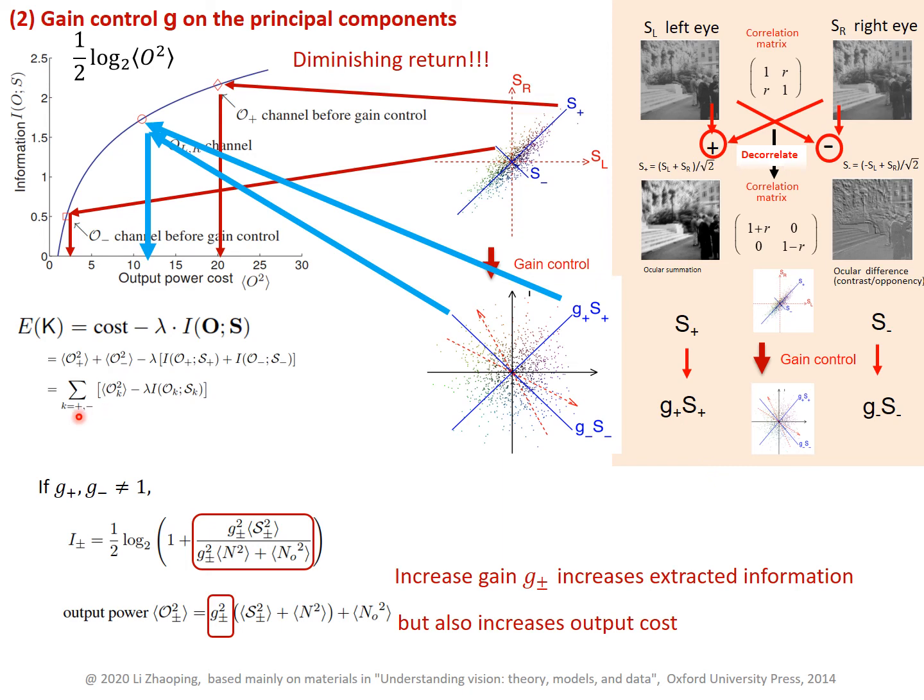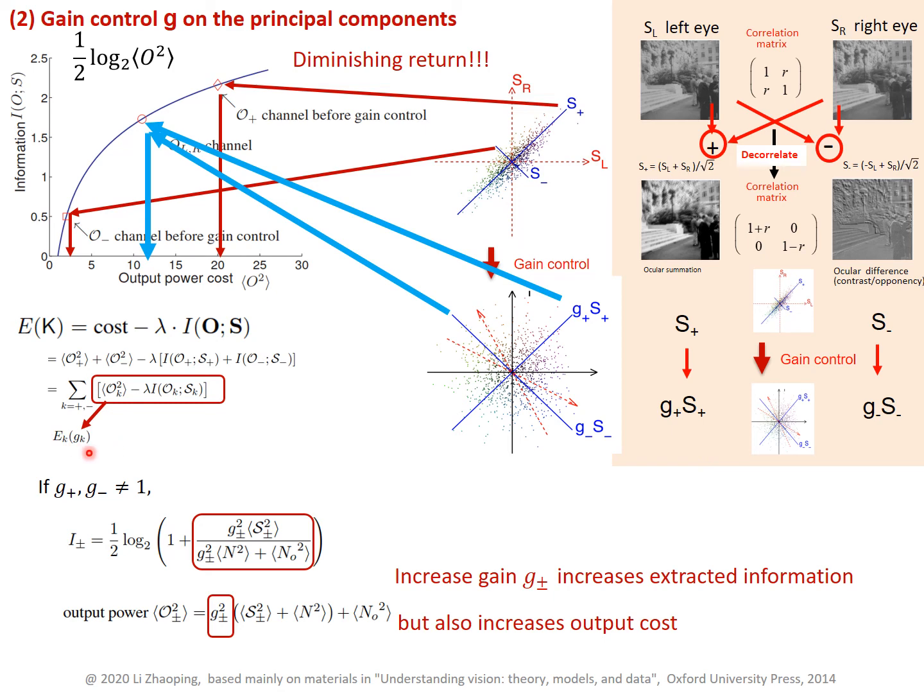Each is a trade-off in one channel. One is a summation channel trade-off, one is a difference channel trade-off. Each is a trade-off between its own cost and its own information. So therefore you can write the objective for each channel.